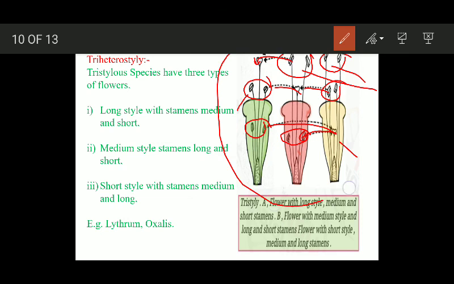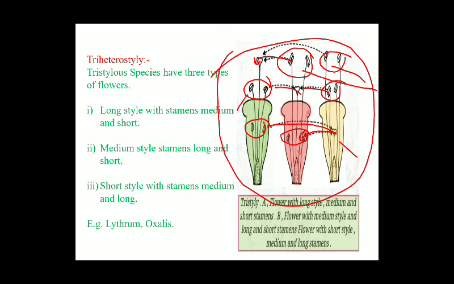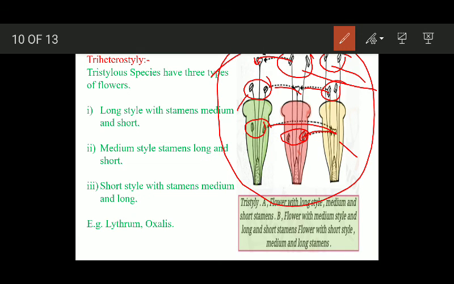So these routes show you how effective pollination occurs in this plant species. This tri-heterostyly has been found in Lythrum and Oxalis.